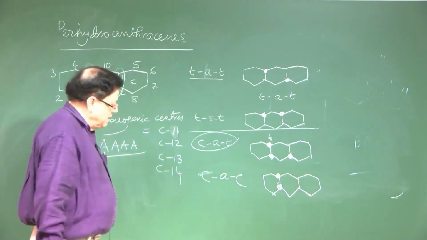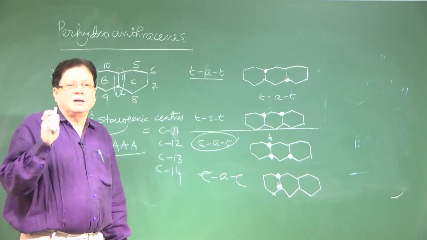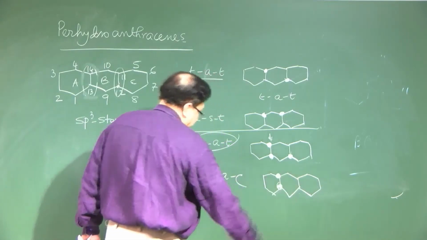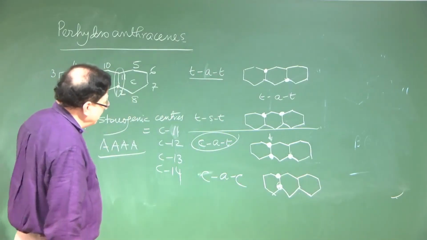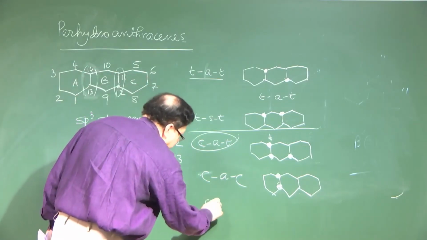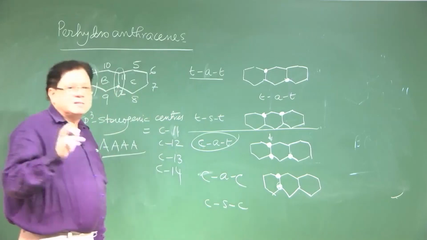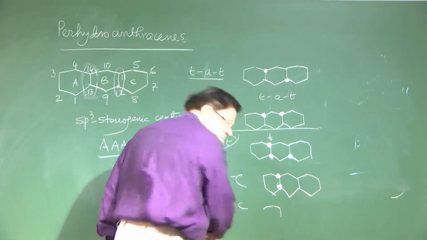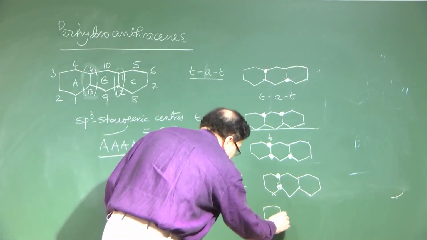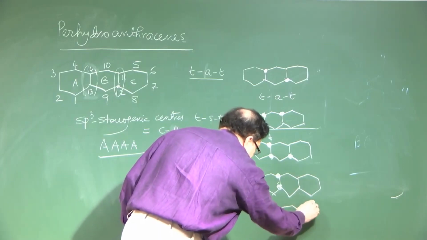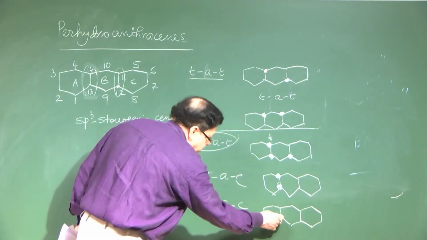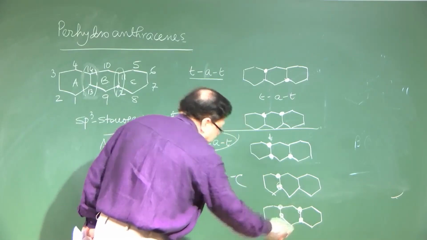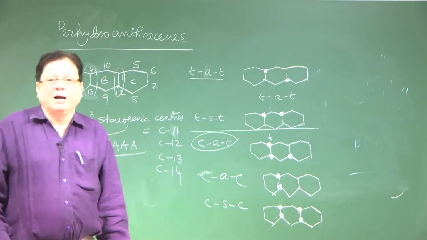So, this is the one, CAC, that means cis, anti and then cis. Okay. This is the fourth one, and there is one more, that will be CSC, that means cis, syn and cis. So, cis means all four are having a bold hydrogen. So, that means all four are beta. Okay.